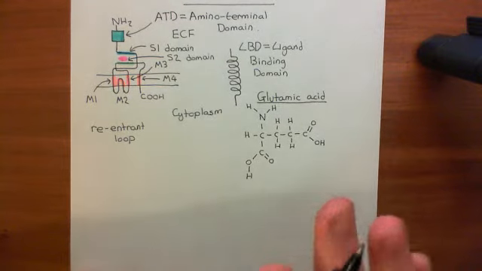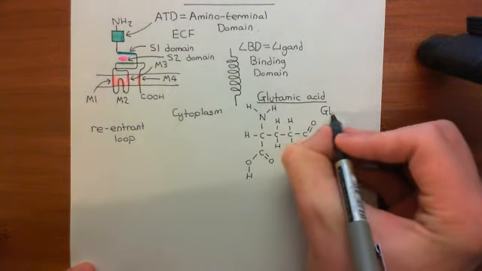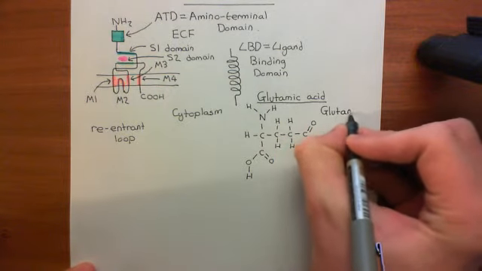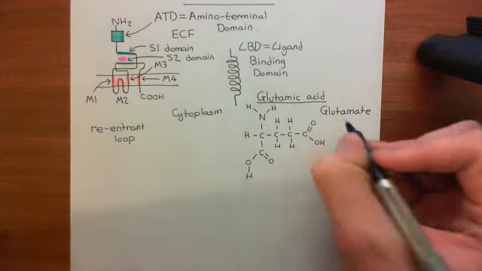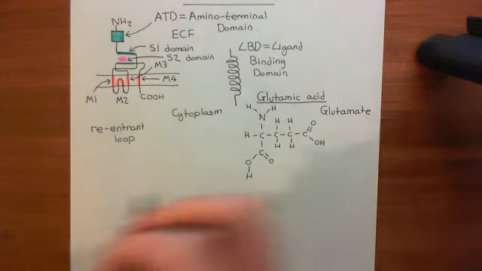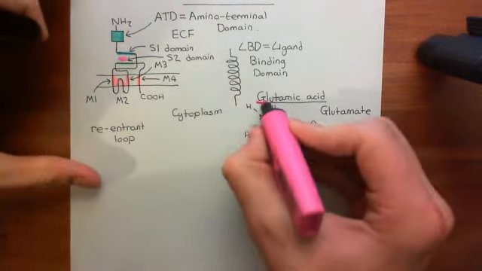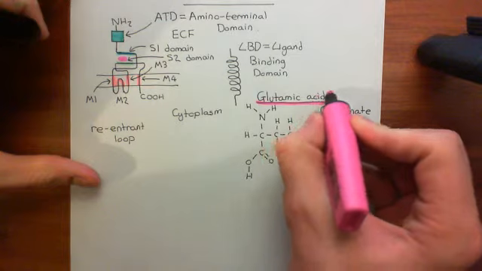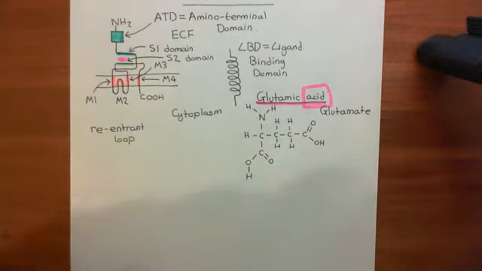Now, what then is the difference between glutamic acid and glutamate? The difference between them is that glutamate is the conjugate base of glutamic acid. What does that mean? The reason glutamic acid is called glutamic acid, stressing the acid here, is that it is indeed an acid. It has an acidic R group.